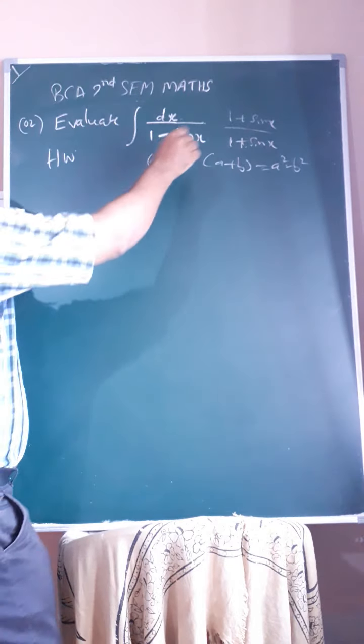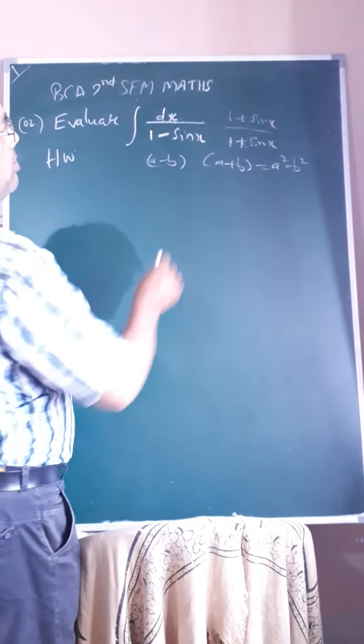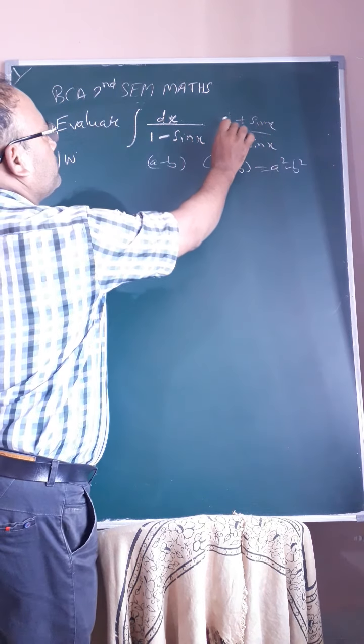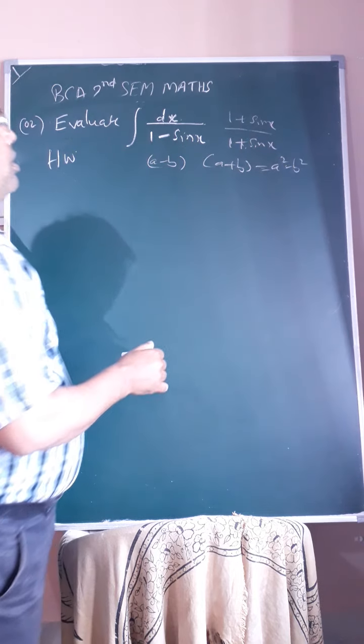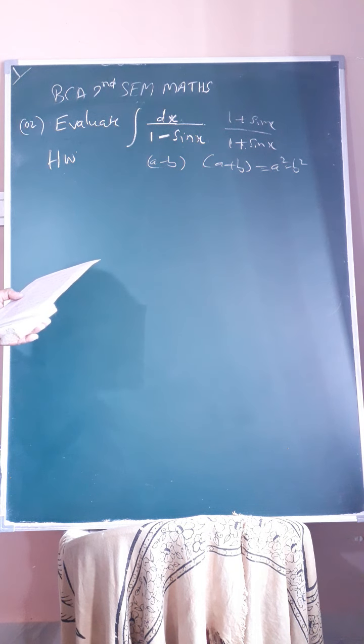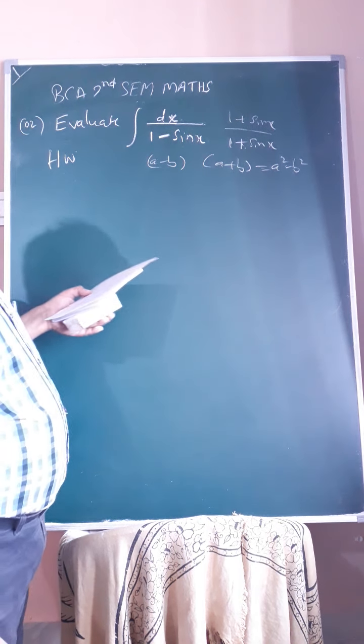Take 1 by cos square, that is secant square. And 1 by cos square is secant square. Sin by cos is tan x and 1 by cos is secant x.